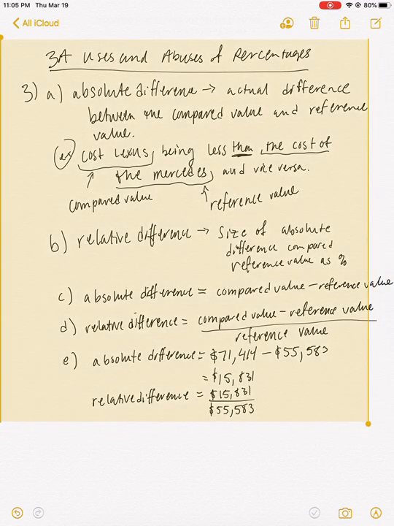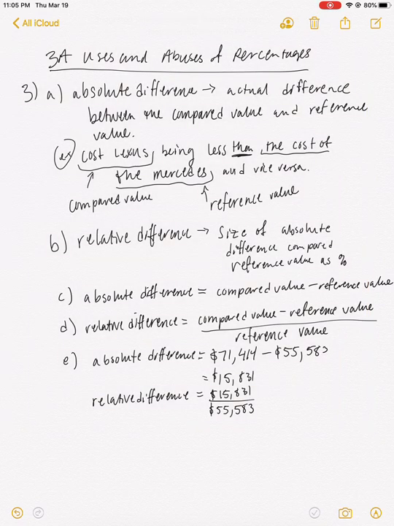And the 55,583. And when we do that, we're also going to multiply by 100% because we're going to change that to a percent. And that as a percent is going to be 28.5% higher. So approximately equal to 28.5% higher.